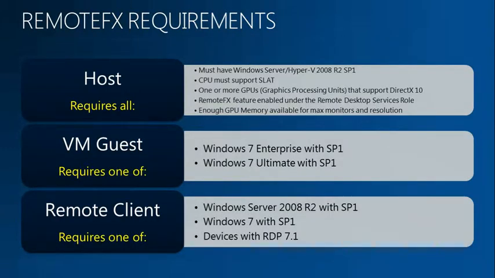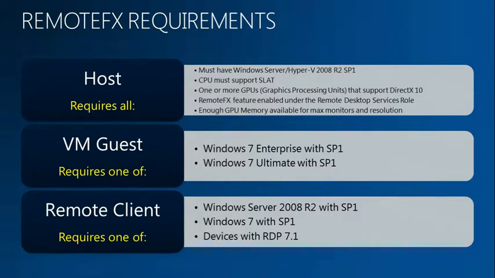So the requirements, again, from the host side, server or Hyper-V Server, Windows 2008 R2 SP1. We do have to have a CPU that supports SLAT, a graphics card that supports DirectX 10, and I'll have a list here in just a second of all the individual cards that do work in that environment. Enough GPU memory. From the guest side, it is Windows 7. This only runs on Enterprise or Ultimate Editions with Service Pack 1.